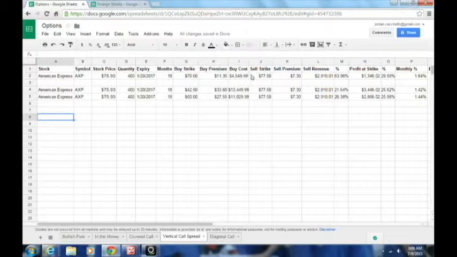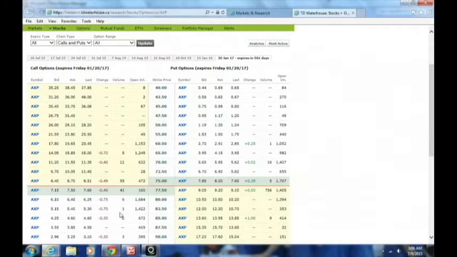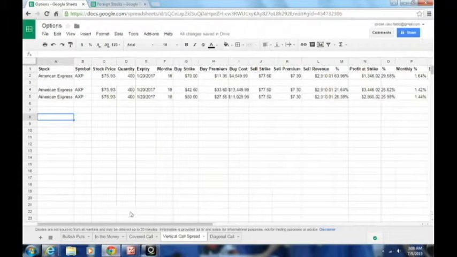So these would be my costs of each option on the buy side. So as you can see, the one that's closest to being in the money, so the $70, I would be paying about $11.35. So the cost would be $4,550.